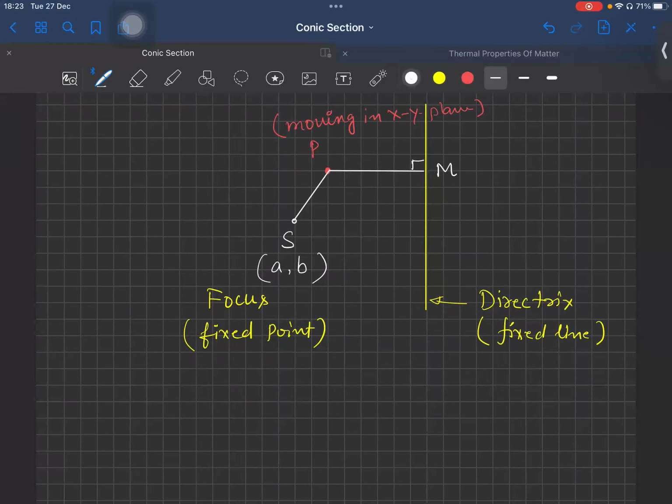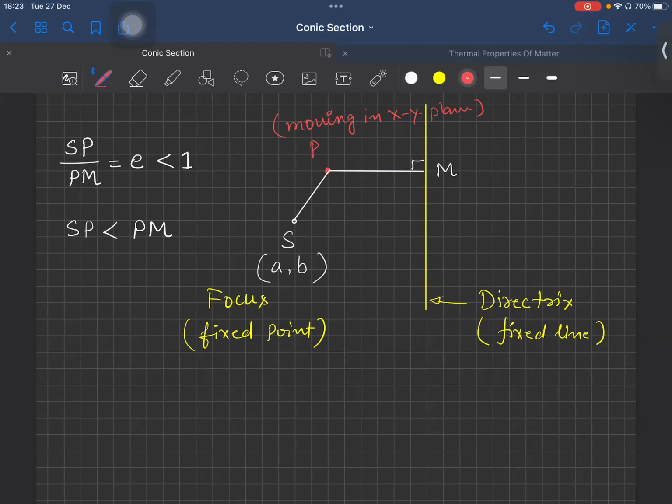So the ratio of which ratio? SP upon PM is equal to E, which is less than 1. Okay, so SP is always less than PM. That means point P is always closer to the focus as compared to the directrix. Understood?